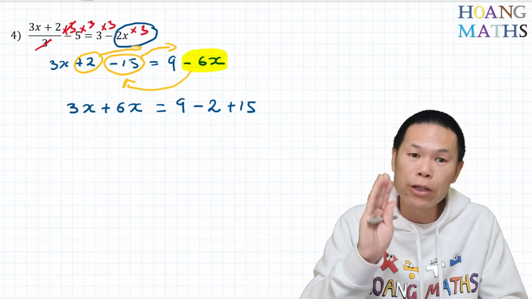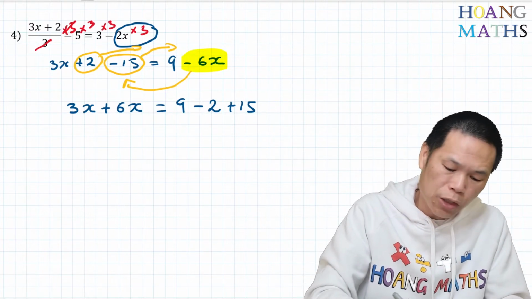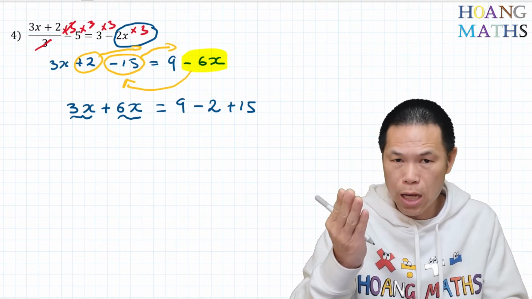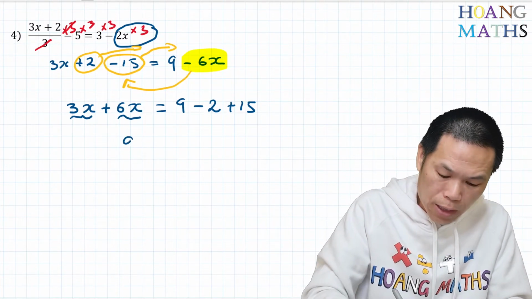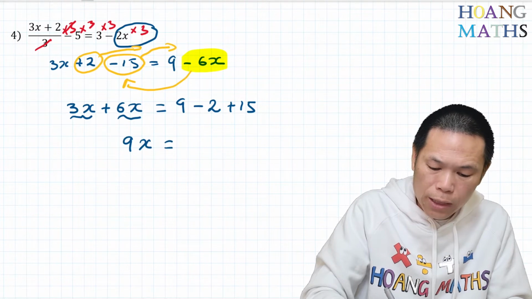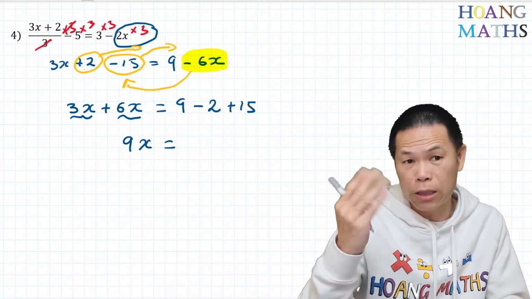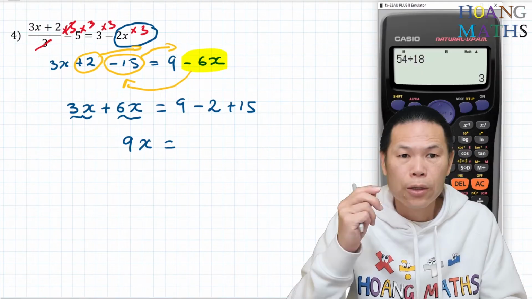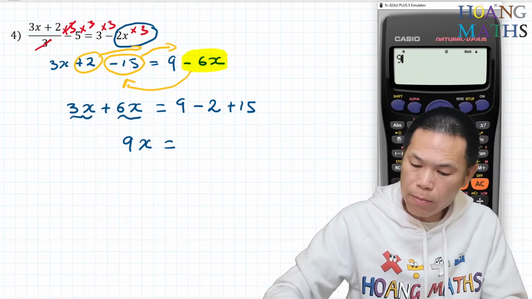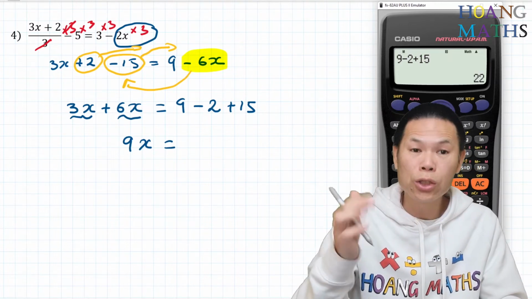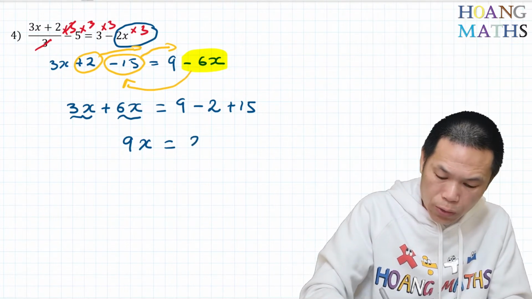So there you go. Now I'm just collecting the like terms. We have 3x, we add another 6x, so that should give me 9x. So that is equal to 9 minus 2 plus 15. I simply put that on the calculator. So that gives me 22.